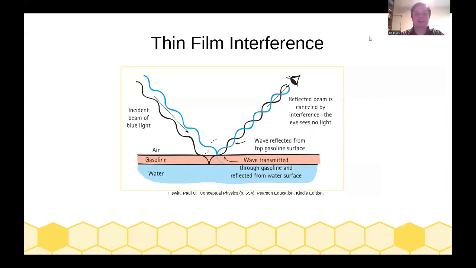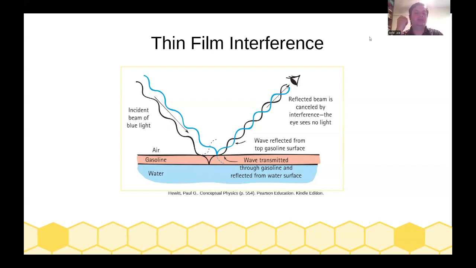Another way you can see this interference is with thin films, where a thin film is something that is about the wavelength of light, or relatively close to the wavelength of light, some integer number that isn't very, very large.